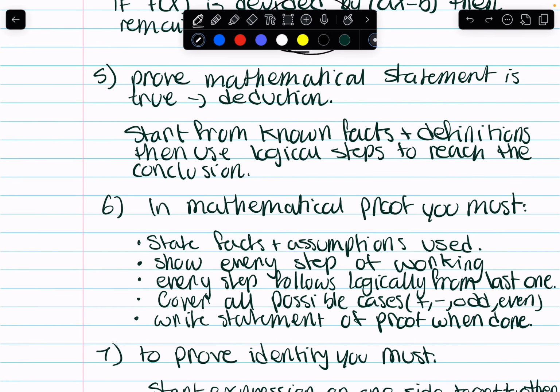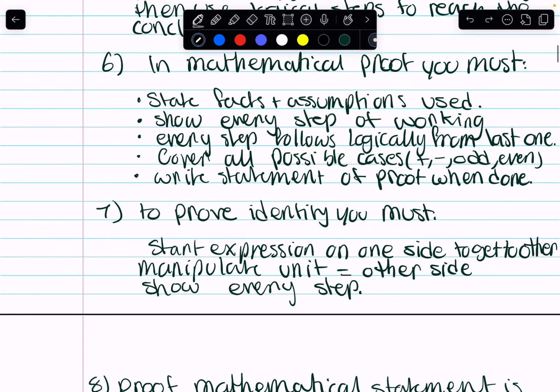To prove a mathematical statement, use deduction. Start from the known facts, the known definitions, then use your logical steps to reach the final conclusion the question wants you to get to. In proof, you must state facts and assumptions used. You must show every step of your working. You must follow logically each step from another.